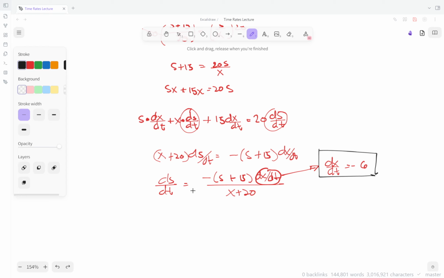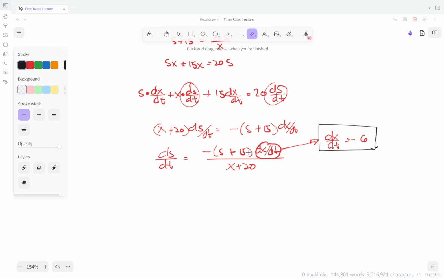Now, where do we get the value of x? According to the problem, we are interested in the rate when x equals 5 feet from the house. Do we write negative 5 here? Not, because x is not a rate. It represents the actual distance from the wall of the house to the person.